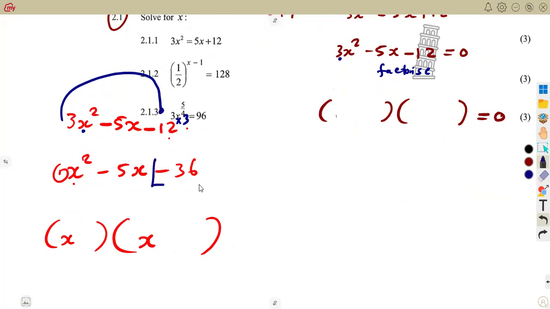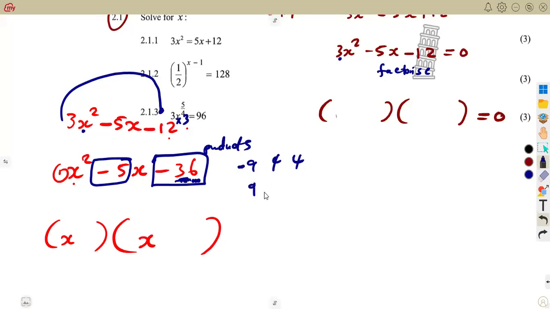Remember your factorization: the constant. Factors of negative 36, which you add and they give you negative 5. Think of 9 and 4. But since it's negative 36, either this can be negative or this can be negative.